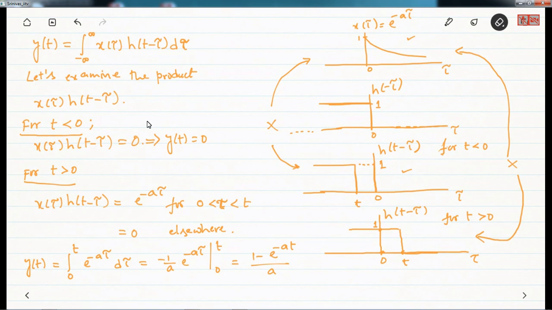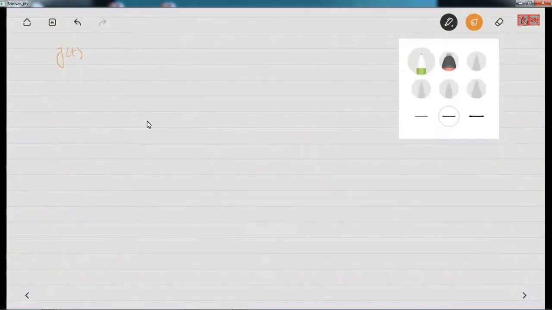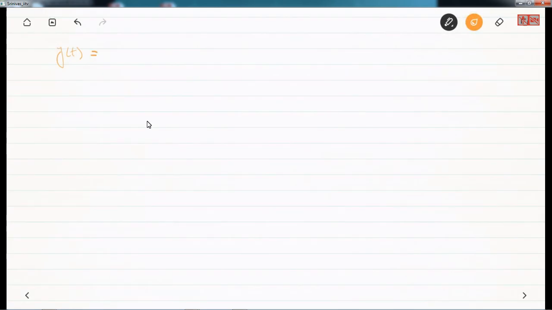So finally, what is the solution for this? y of t is equal to 1 minus e power minus at by a for t greater than 0, and 0 for t less than 0.